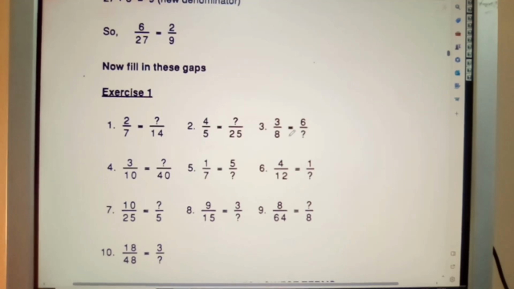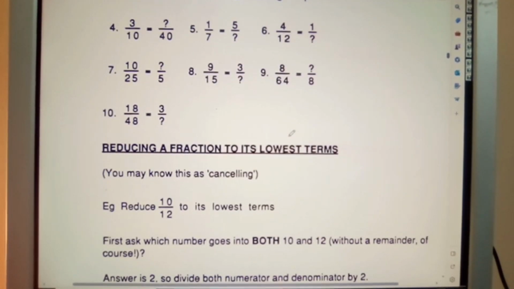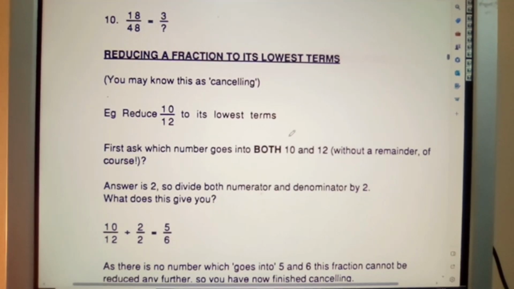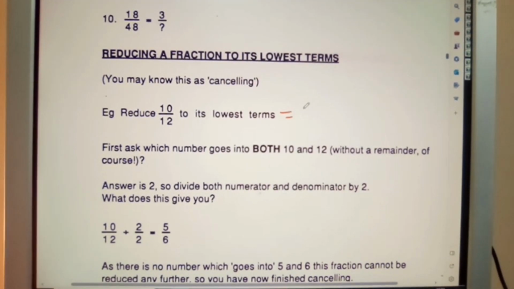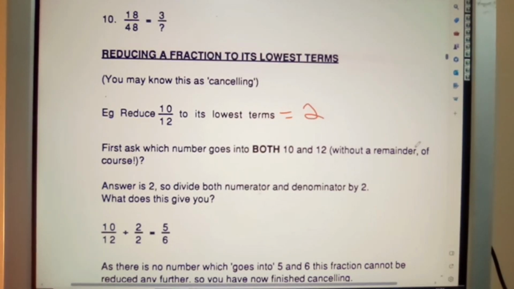Now complete these gaps for me, please, and you need to be doing this for yourselves. I'm not going to be doing that for you now. And how would you reduce this fraction to its lowest terms? What number will you divide by? Here, you would divide by 2.